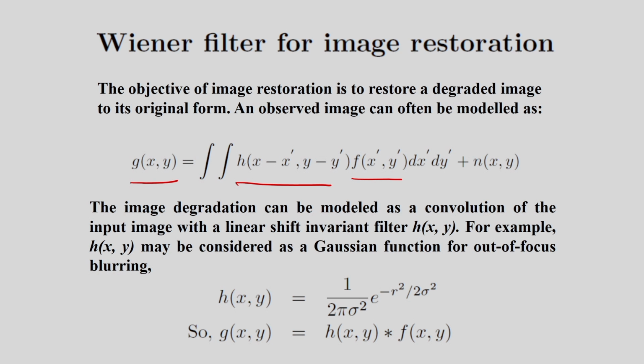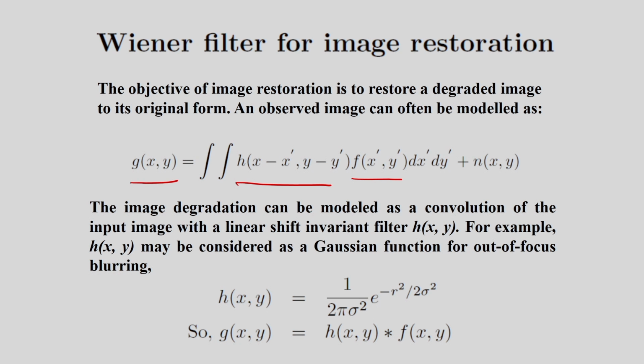Now the objective of the image restoration in this case is to estimate the original image f from the observed degraded image g. So that is the objective of the image restoration.